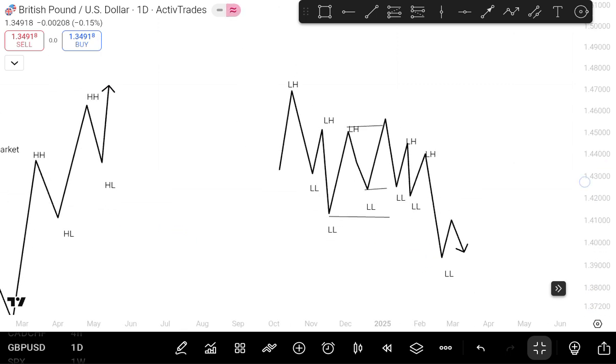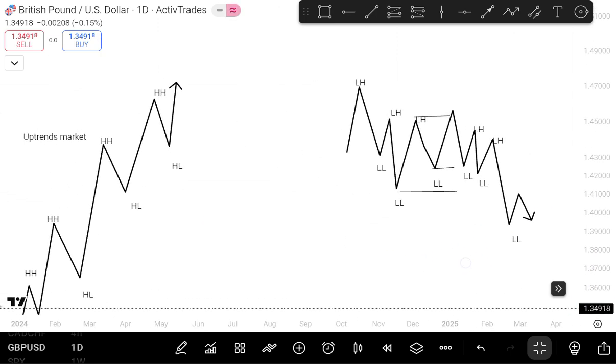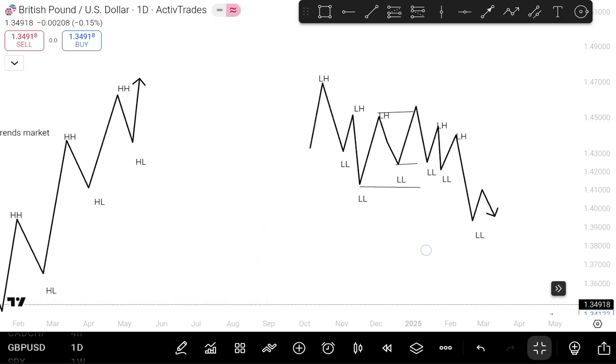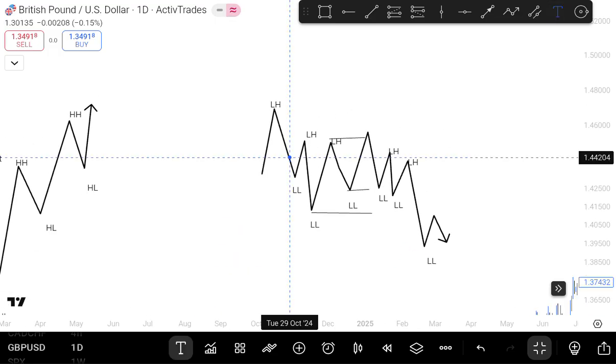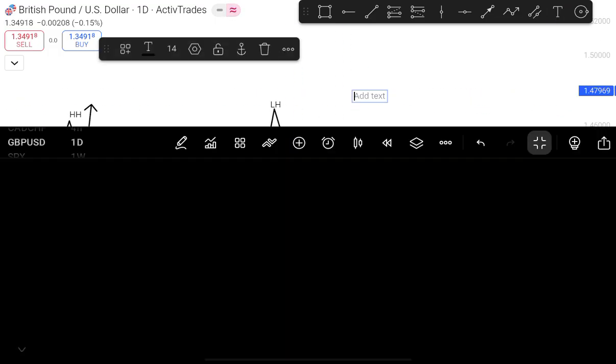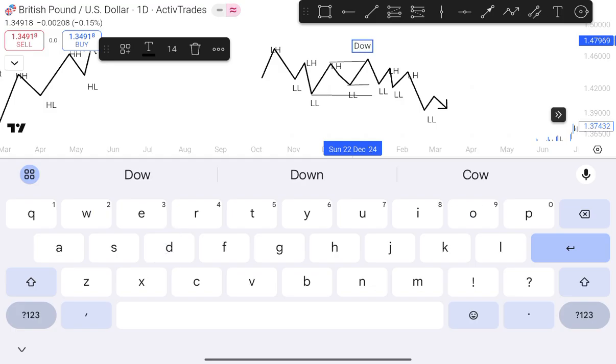Now, this particular movement is also the second type of trending market. So this is what we call a downtrend market, or you can call it a bearish market.